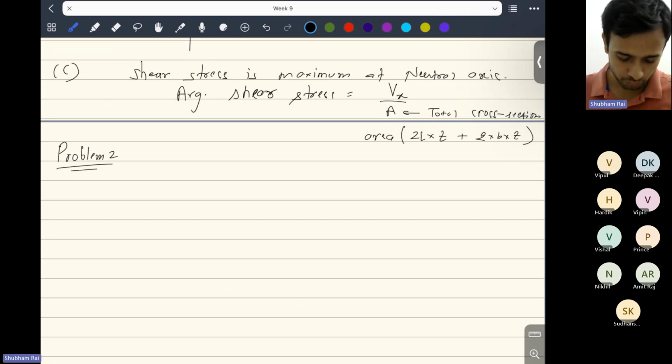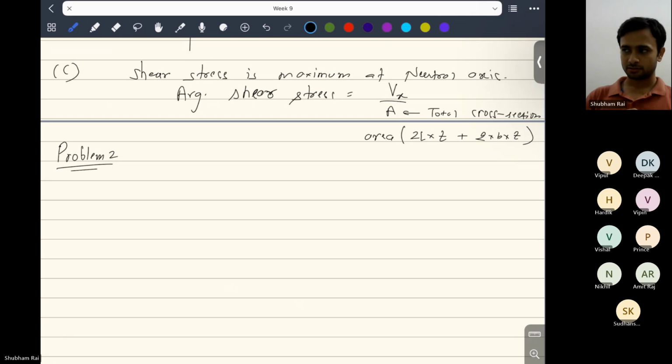So in problem 2, now we are going to deal with some composite beams. That is, across the thickness of the beam there is variation in material. Let's say some part of the thickness of the beam is made of one material, and some part is made of another material. And there can be several variations.